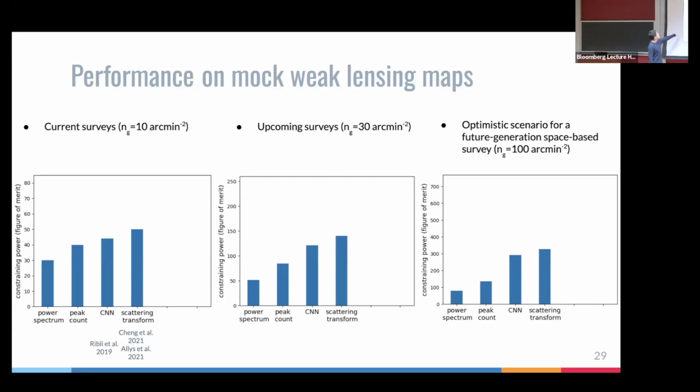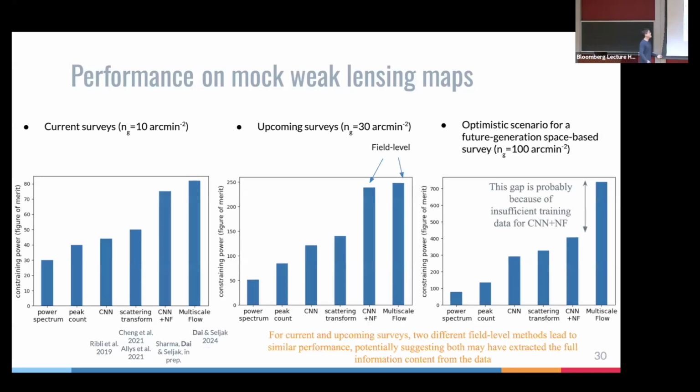We also show you three different survey scenarios, corresponding to different noise levels. And we see the non-Gaussian statistics give you significantly more information compared to the two-point statistics. But if you go to the field level, you can actually gain even more.